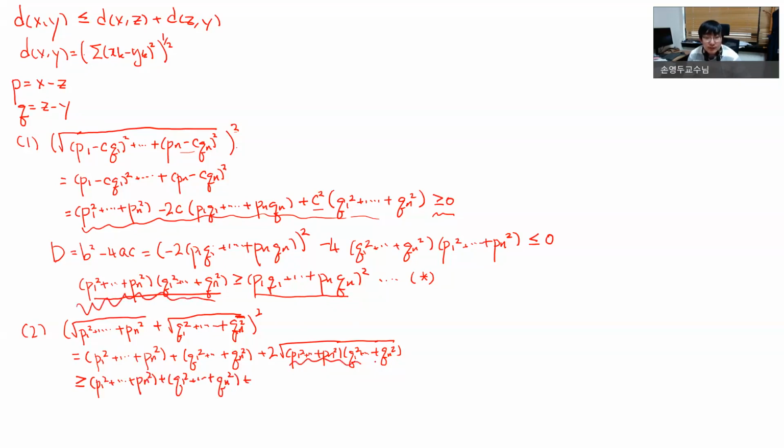(p1 squared plus ... plus pn squared) plus (q1 squared plus ... plus qn squared) plus, if we put this value to here, then we can make it 2 times (p1 q1 plus ... plus pn qn). Oops.